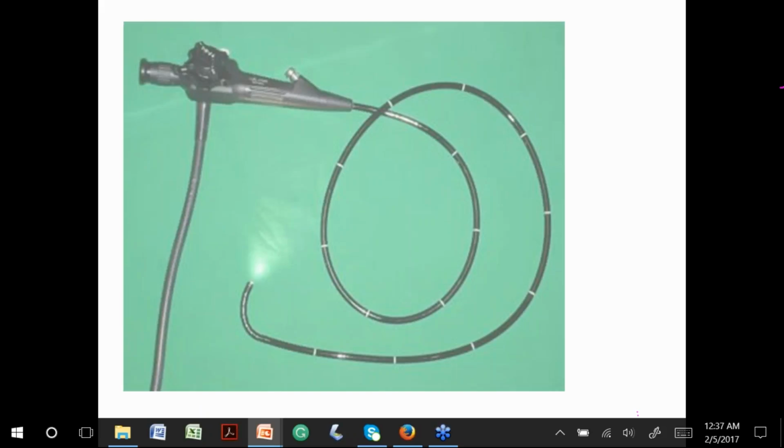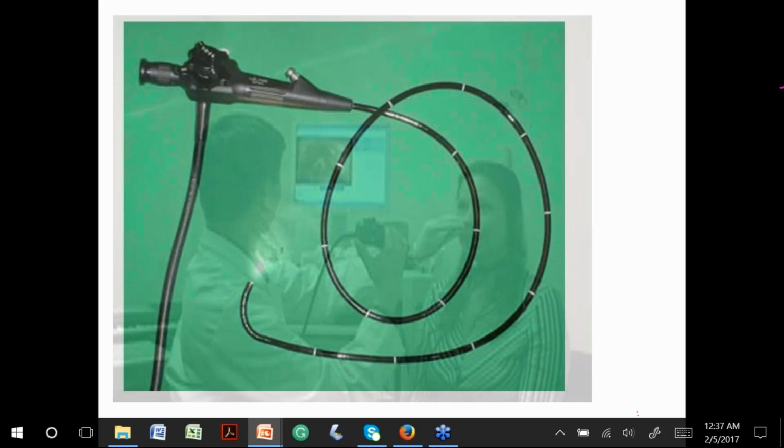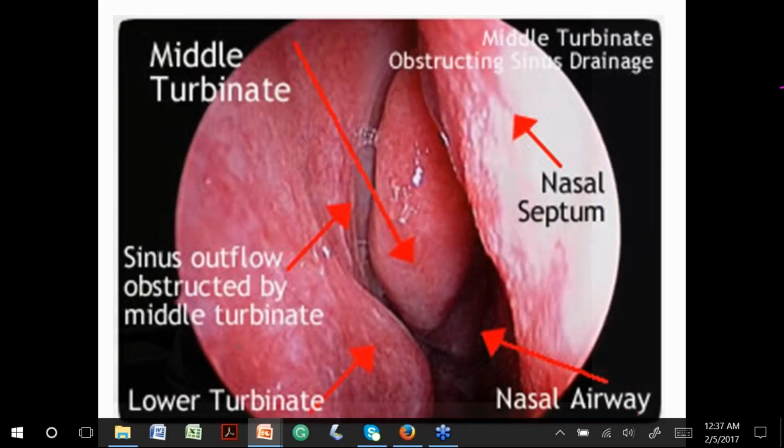All right, so here we have some nasal endoscopy. This tube is put into your nose, and they are going to explore the area. So here's the machine. You see the monitor is showing what the camera, the distal portion of the tube, is seeing, and that is the first view.